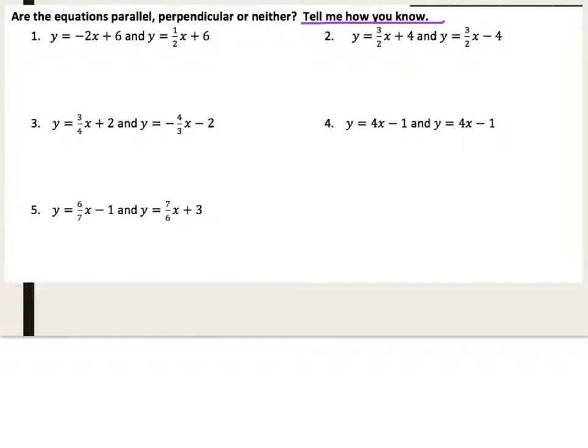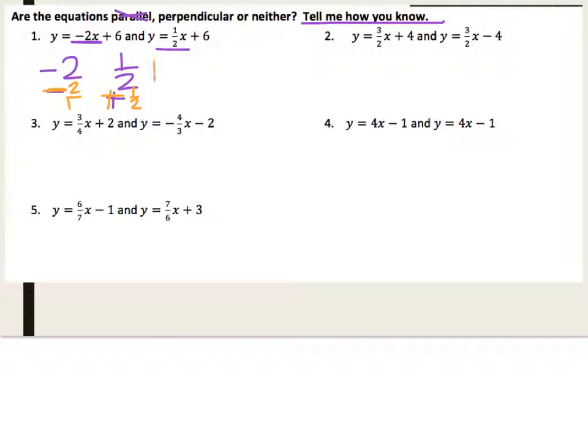So this one, you're identifying the slopes. This guy's slope is -2. This guy's slope is 1/2. You know they're not parallel because they're not the same. This one's negative, this one's positive. Actually, let's do this. Negative, positive. This one's 2/1, this one's 1/2.